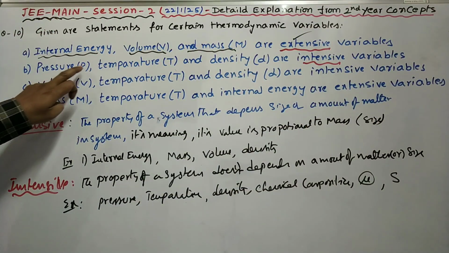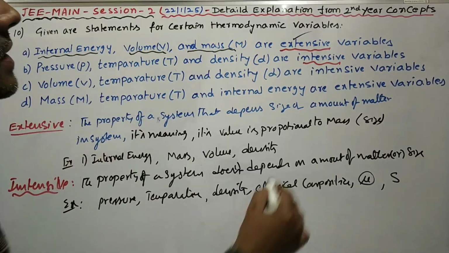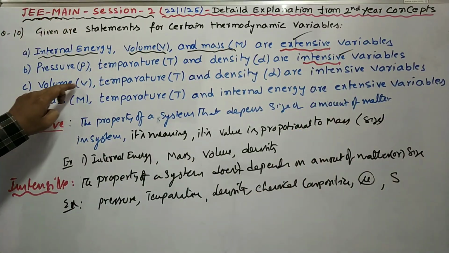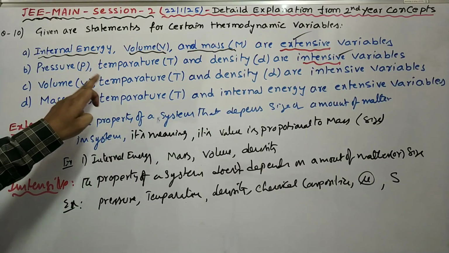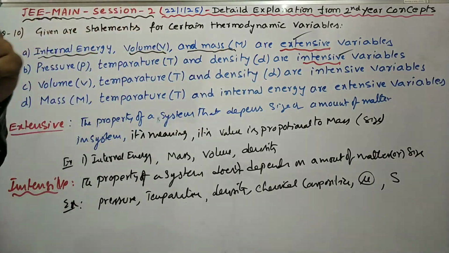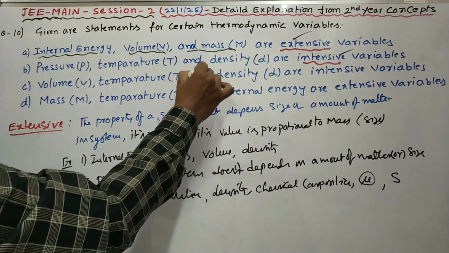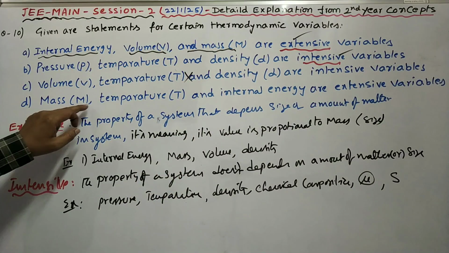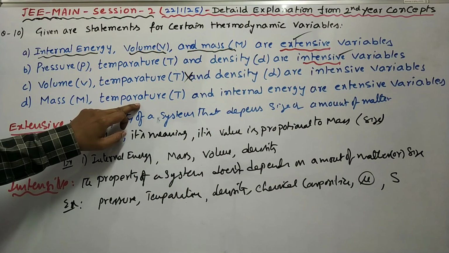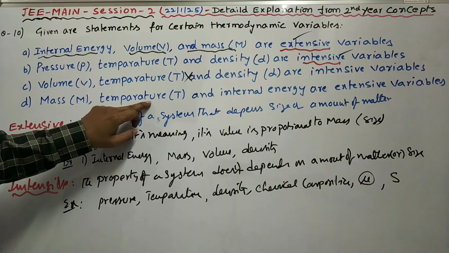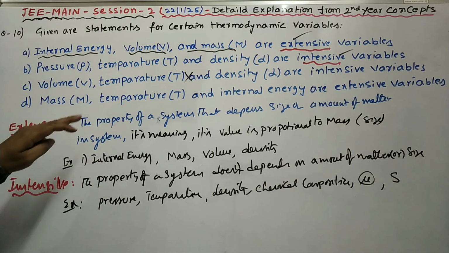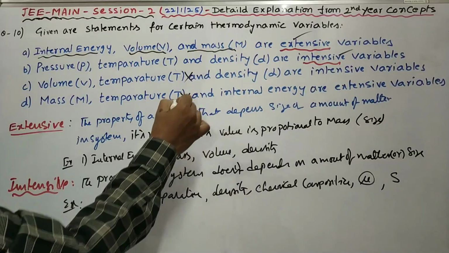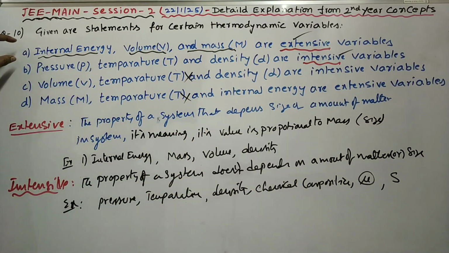Pressure, temperature and density are intensive, which is also correct. Volume is not intensive, it is extensive, so that option is not correct. Temperature is intensive, not extensive, so that is also not correct. So according to the given options, A and B are correct.